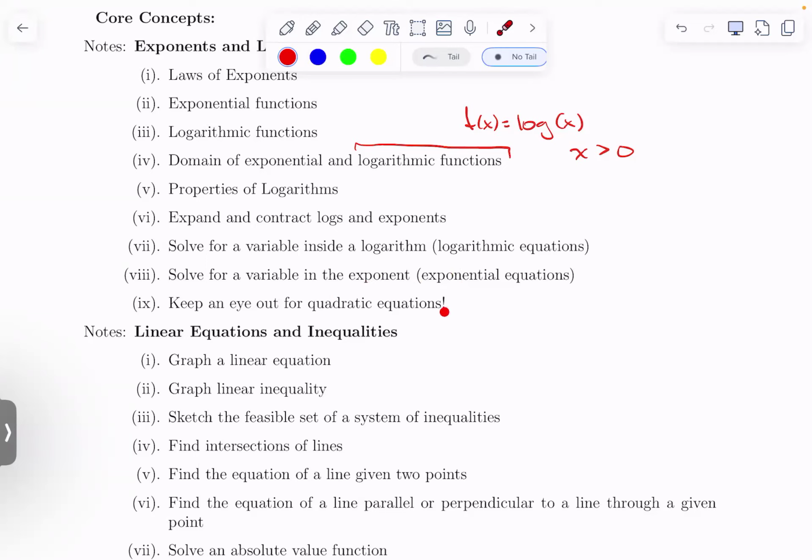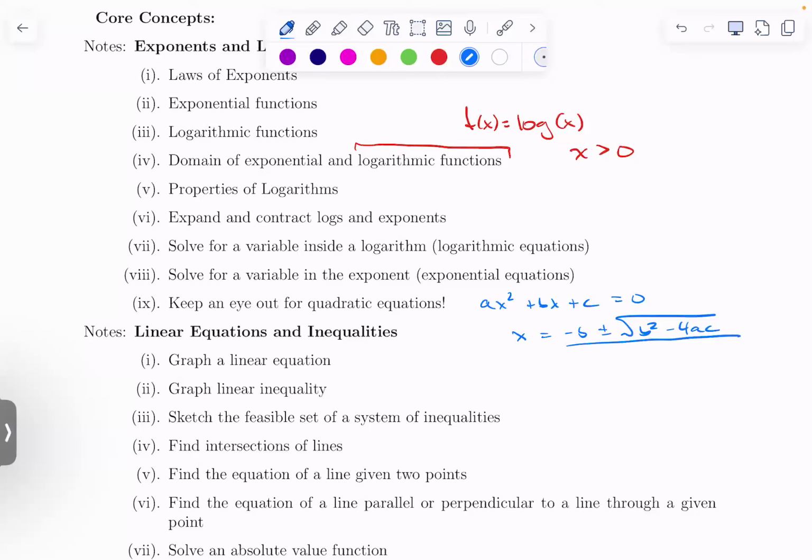And I want you to keep an eye out for quadratic equations, right? A quadratic equation is something like ax squared plus bx plus c is equal to 0. You can solve by x is negative b plus minus the square root of b squared minus 4ac over 2a, which, in case you don't have it memorized, is on your formula sheet, but maybe you do.